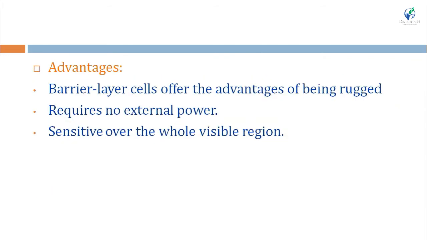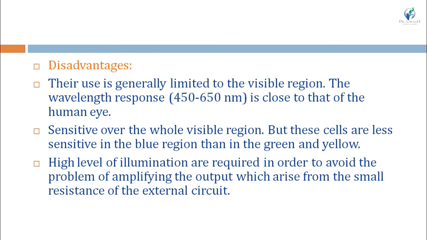Now, the advantages of these photovoltaic cells are that they are rugged, means they are very strong. And the second advantage is they do not require any external power, and they are sensitive over the whole visible region. These are the advantages. Now, disadvantages: their use is generally limited to the visible region, and the wavelength response is close to that of the human eye.